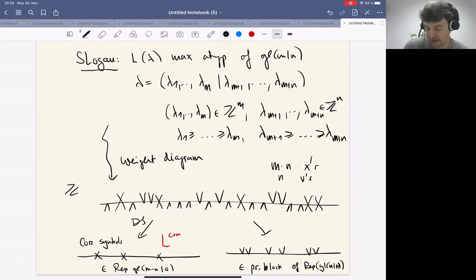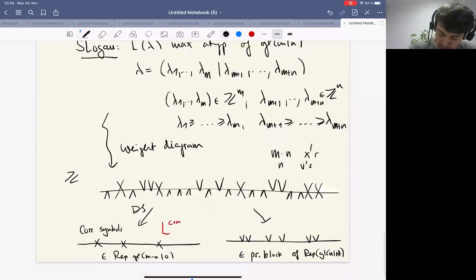I have to be a bit careful. This weight, what you see on the lower right-hand side, is not exactly the image, because in order to apply this block equivalence, I have to remove the crosses. And then there might be shifts I have to fill up. But up to these shifts, this is basically the equivalent weight in the principal block of GLNN.